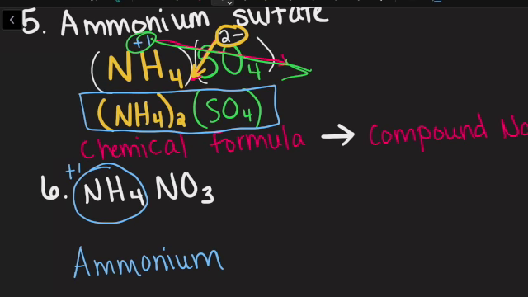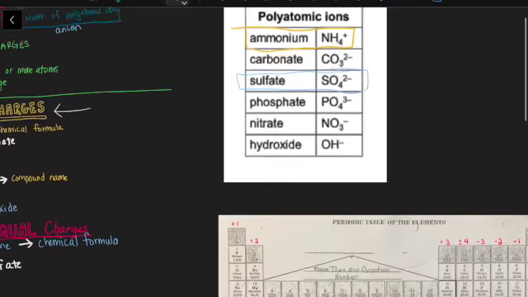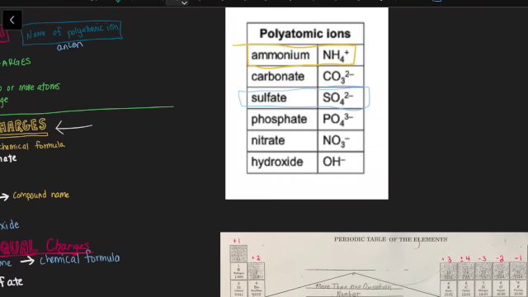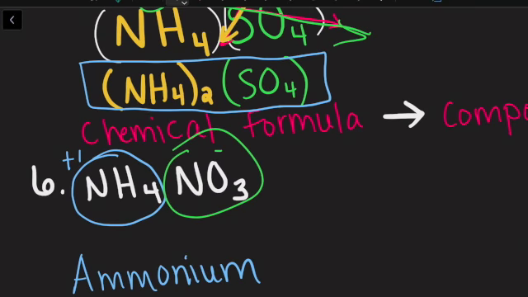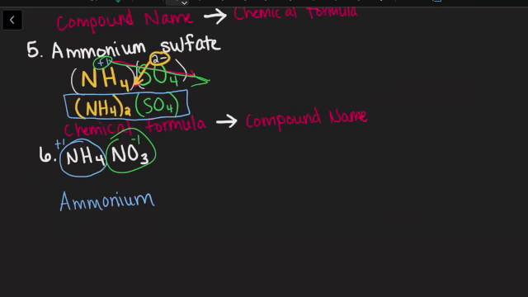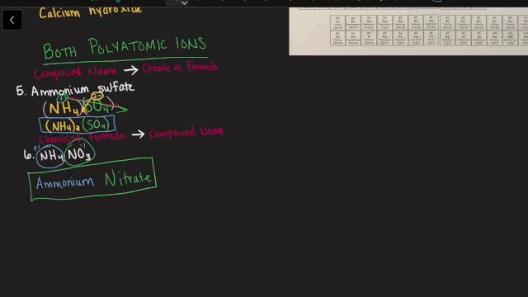Okay, NO3, let's find NO3 on the chart. NO3, nitrate, and it has a -1 charge. So we have ammonium nitrate. These are probably the easiest to name if you just recognize that they're polyatomic ions.